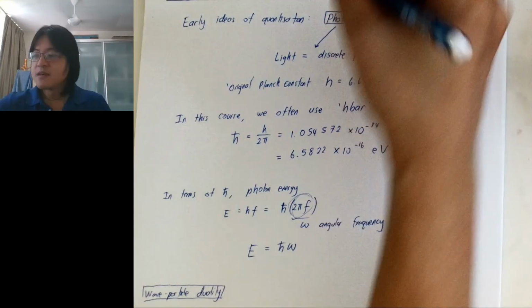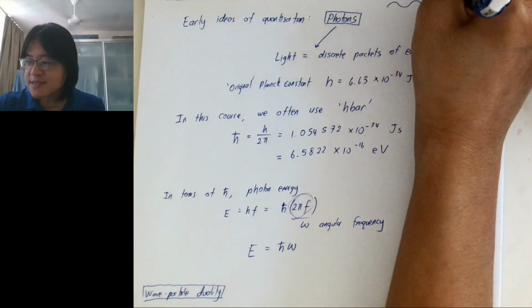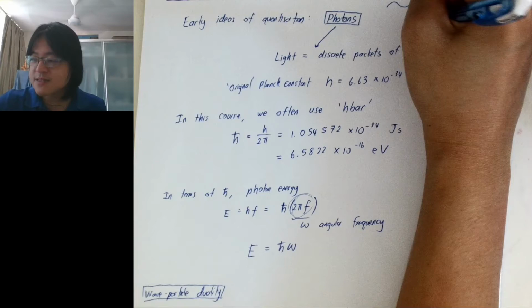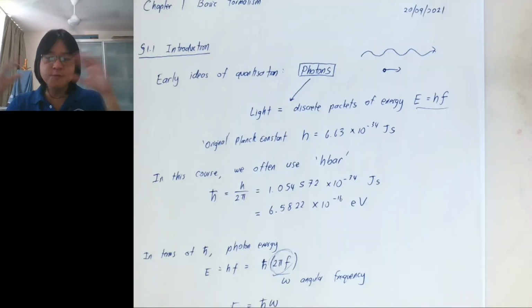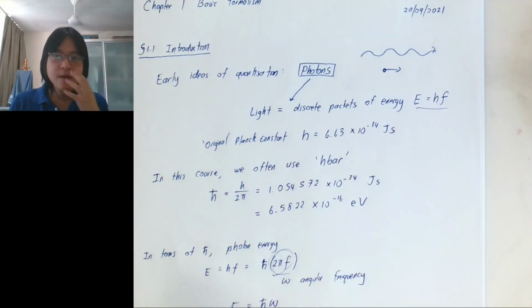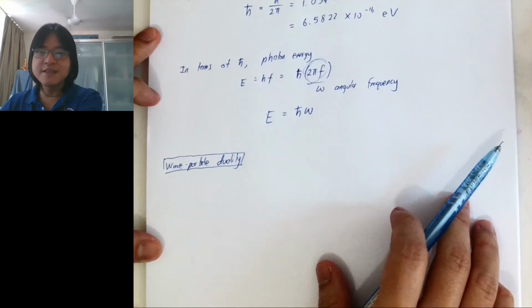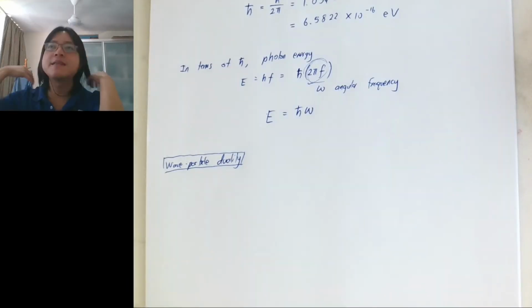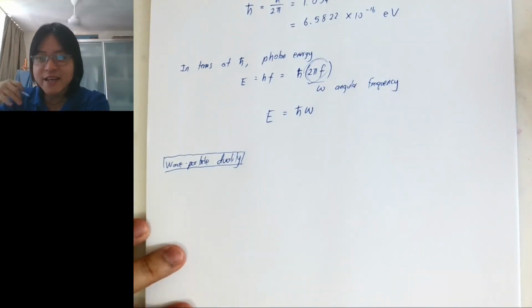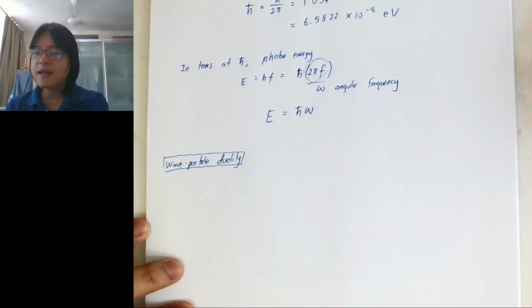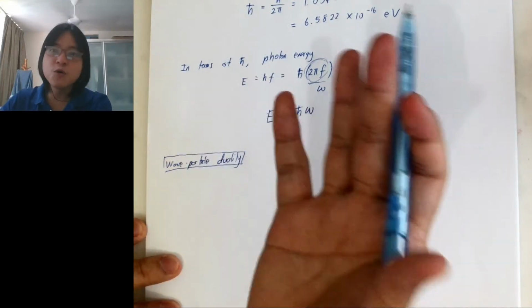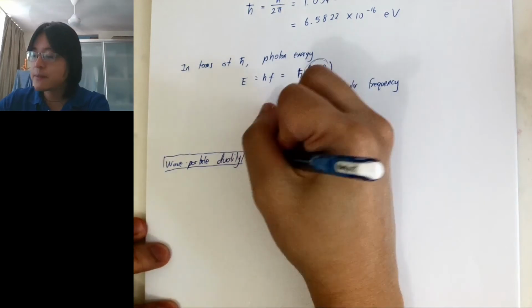Wave looks like this and particle looks like this, so these are very different concepts. This is the philosophical part: how can something be this and this at the same time? No one can really understand it at the fundamental level, but what we do know and what we use for now is the de Broglie formula.